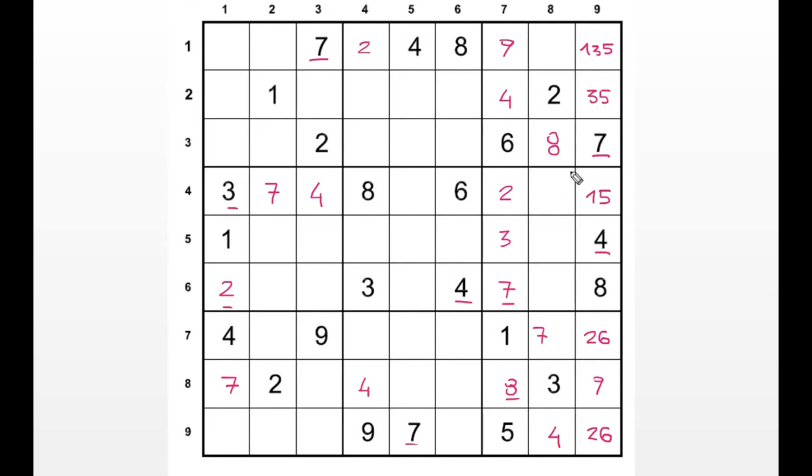Okay, what is going on now here? Number 1 is here, and here will be no number 1. And the same logic for number 1 here, no number 1 here, and for number 1 here, no number 1 here in this cell. Finally, the cell will be here with number 1.